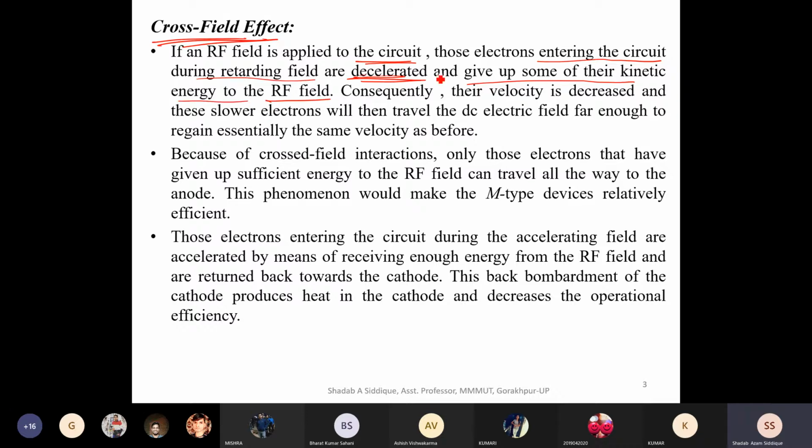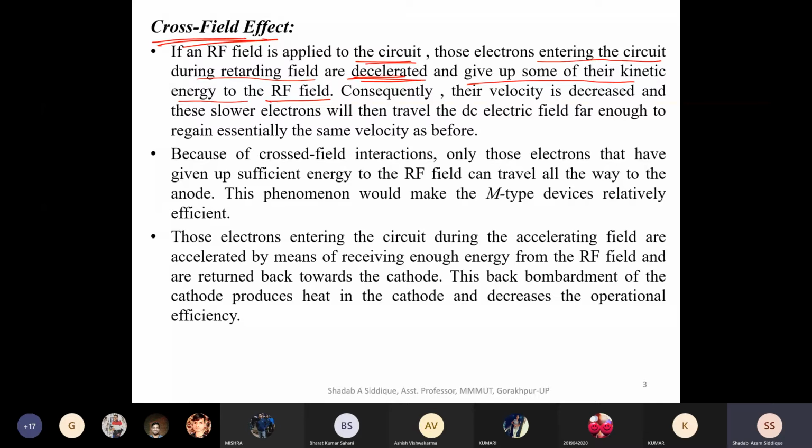That was there in the reflex klystron oscillator too. When electrons are repelled back from the repeller space region, some of the electrons coming out from the gap may be accelerated or decelerated, but after returning they give up their energy to the RF field. So that is happening.